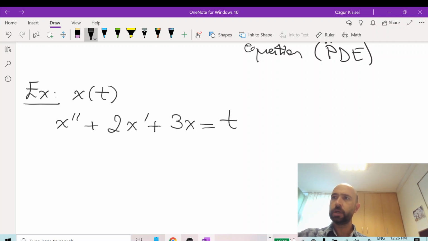Now, the more derivatives you have, the more entangled things become. So we need a definition for that. How many derivatives do we have at most on some function?